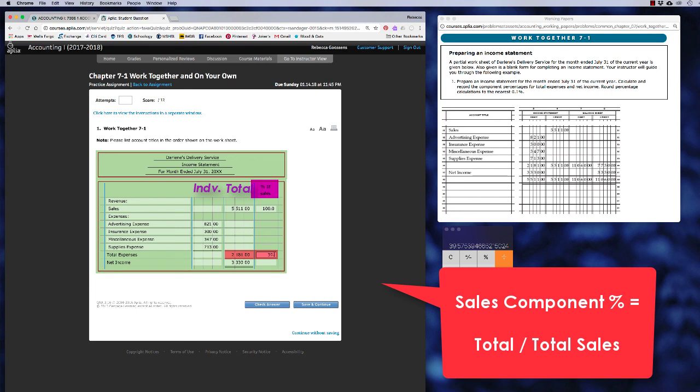So 39.6. And my final total number, 3330, divided by, again, the total number of sales, so 5511, and multiplying by 100 to convert to percents, and I get 60.4 if I round, 60.4.